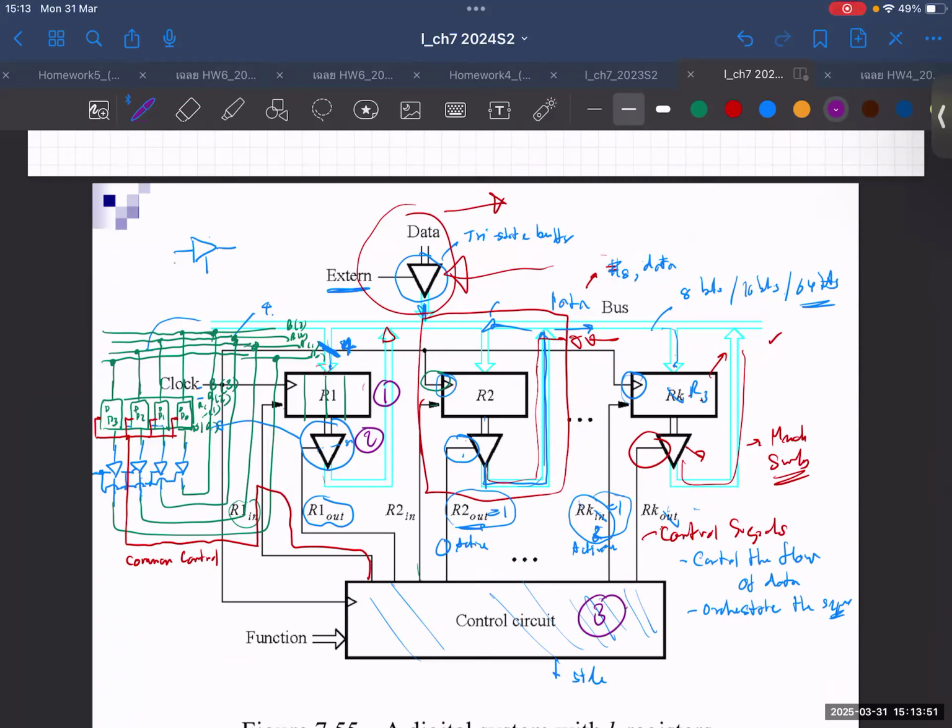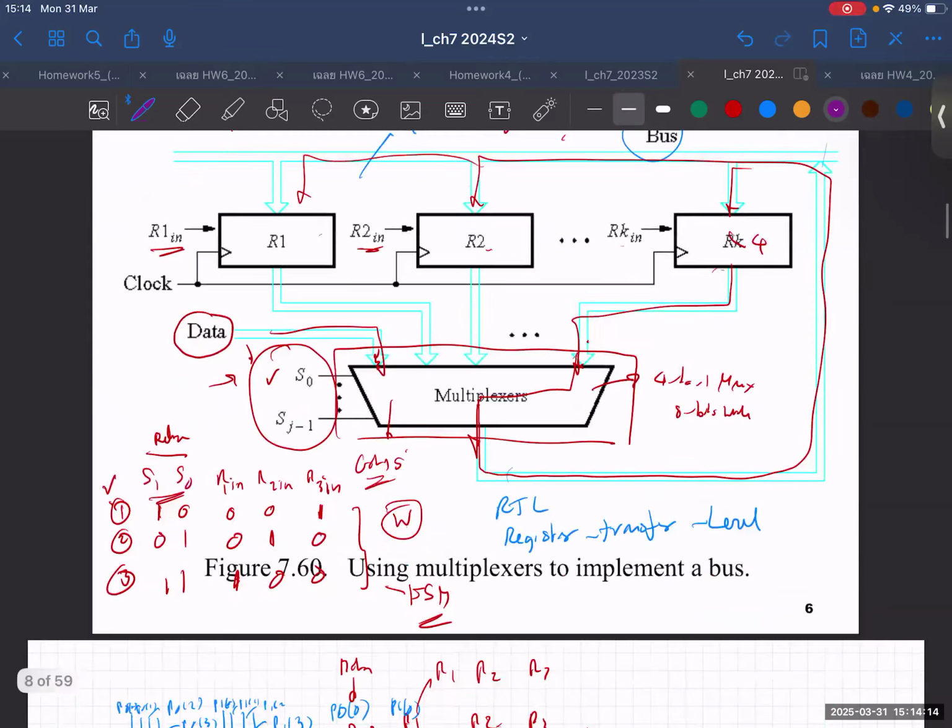For example, the output of R2 is connected to the input of this tri-state buffer, and the output of this tri-state buffer is connected back to the bus. That's why the floor plan is very important, because once you understand and create each component, you assemble it according to the plan.